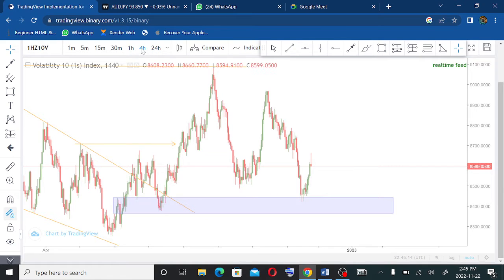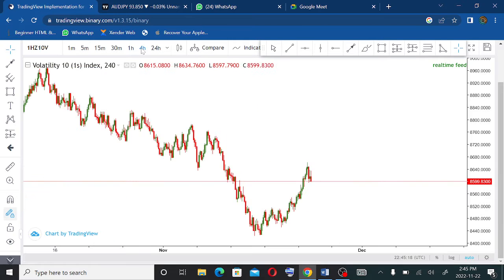Now we'll go to the lower time frame because basically when doing analysis, I love when we start from the highest time frame down to the lowest time frame. So we start analysis from top to bottom. I basically love on currency and on volatility indices analyzing from the 24 hours time frame to H4, 1 hour, 30 minutes, and then 15 minutes time frame.